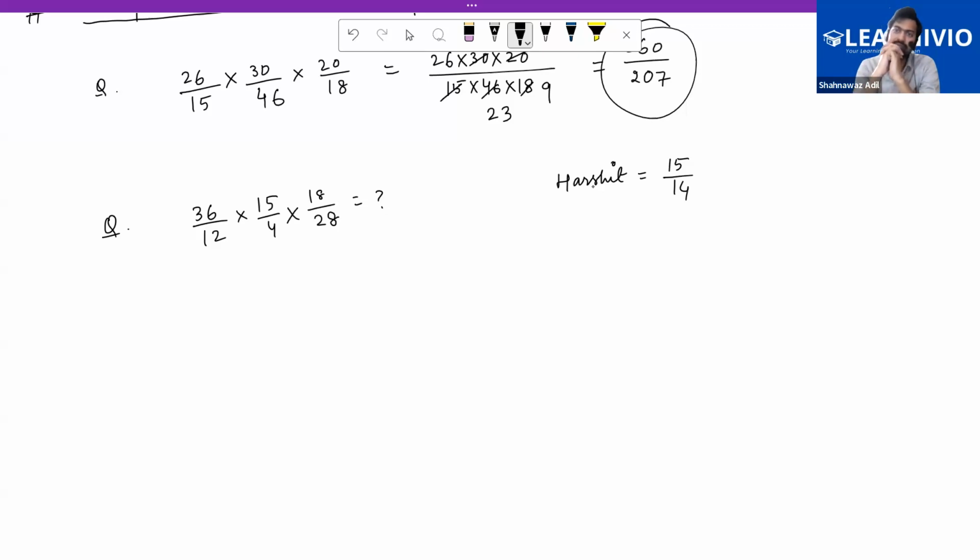405 by 56, right? So whatever answer you are getting, that is okay. And this can be further simplified, right? So it's 405 by 56.